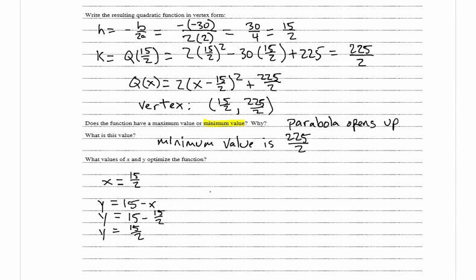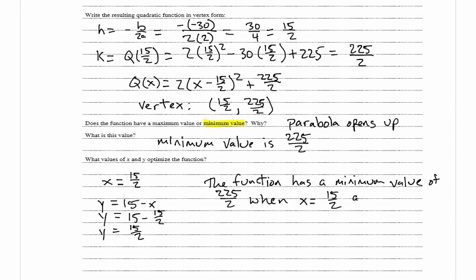So we can say that the function has a minimum value of 225 over 2 when x is equal to 15 halves and y is equal to 15 halves.